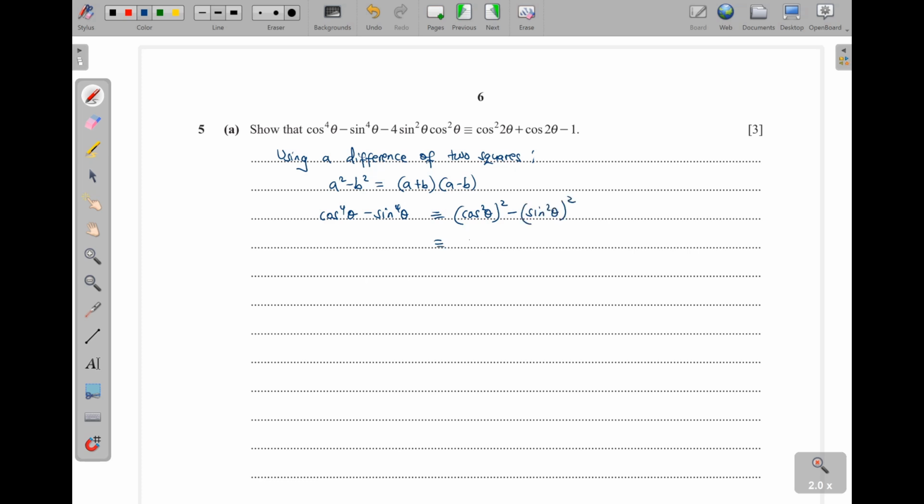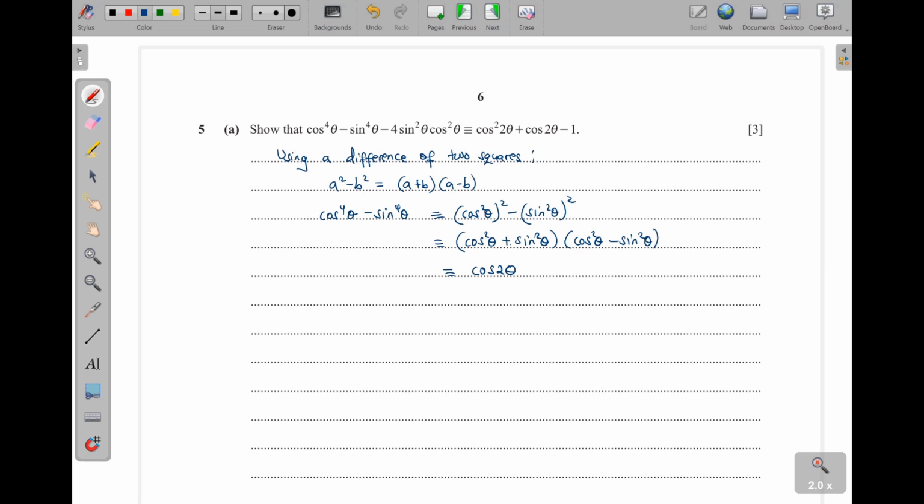So this one is going to be cos squared theta plus sine squared theta. Then here cos squared theta minus sine squared theta. Now this one here is a 1, but then this one is cos 2 theta. Okay, so here we are having cos 2 theta.